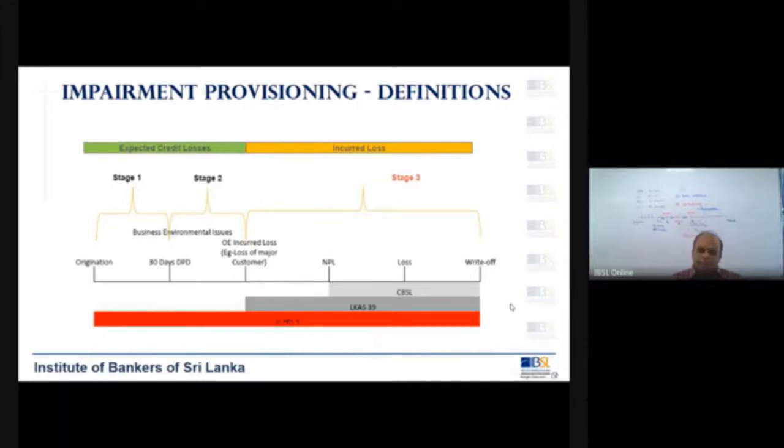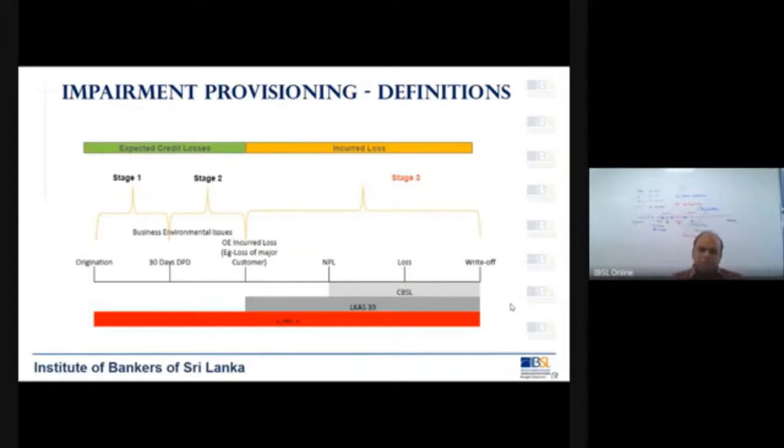But they termed it as the incurred loss model. But when it comes to SLFRS 9, you straight away go into provisioning from day one, which they call the expected credit loss model. Okay.